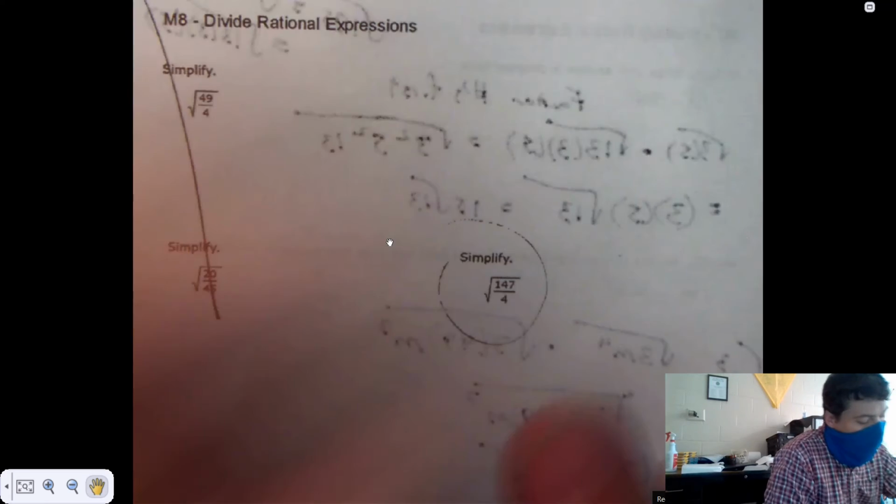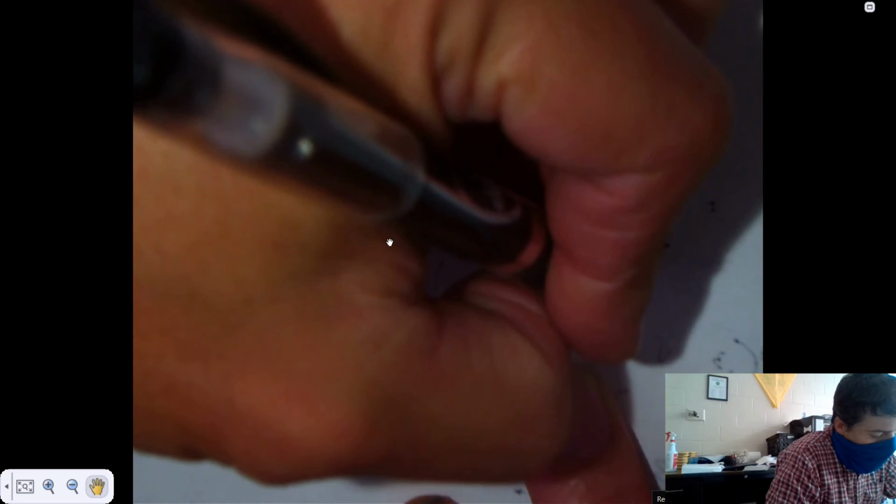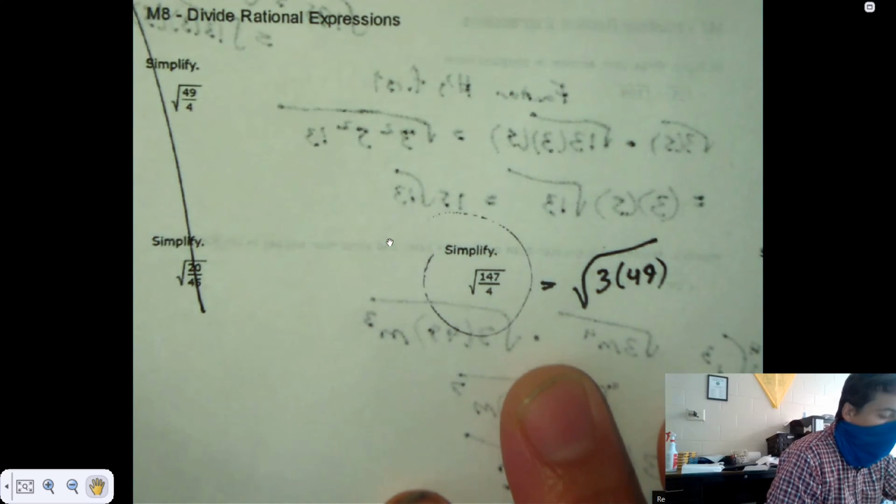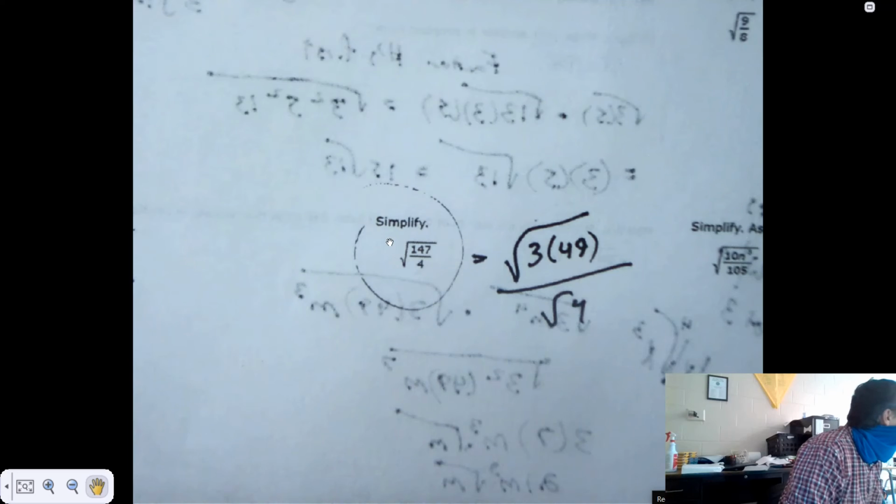Oh, I agree. So Emily decided that 147 was the root of 3 times 49. Bottom's root of 4. Keep going. Where's the 7 go? No. You evaluated that piece.